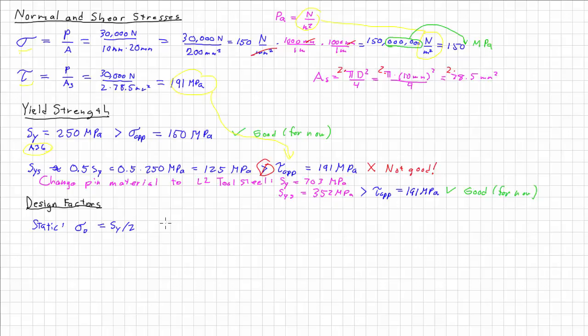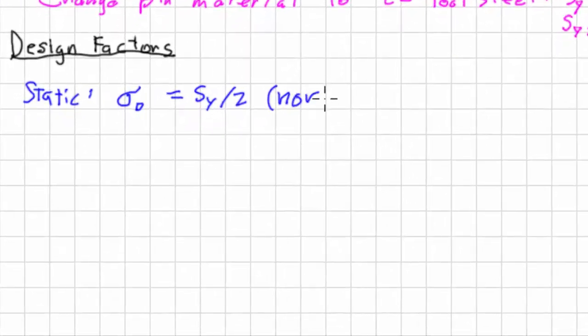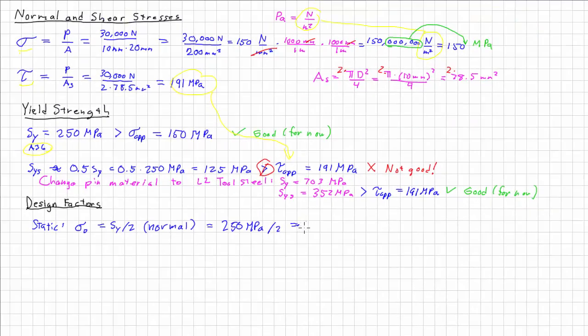So that is for our static load, but that's also in normal stress, because that makes a difference as well. So we can calculate that out for our normal stress here as 250 megapascals divided by 2 is 125 megapascals.